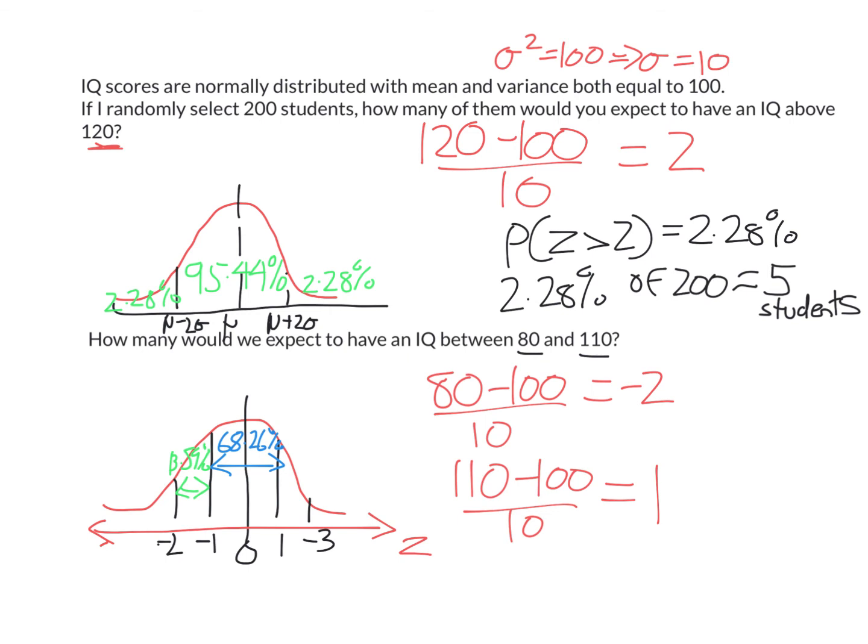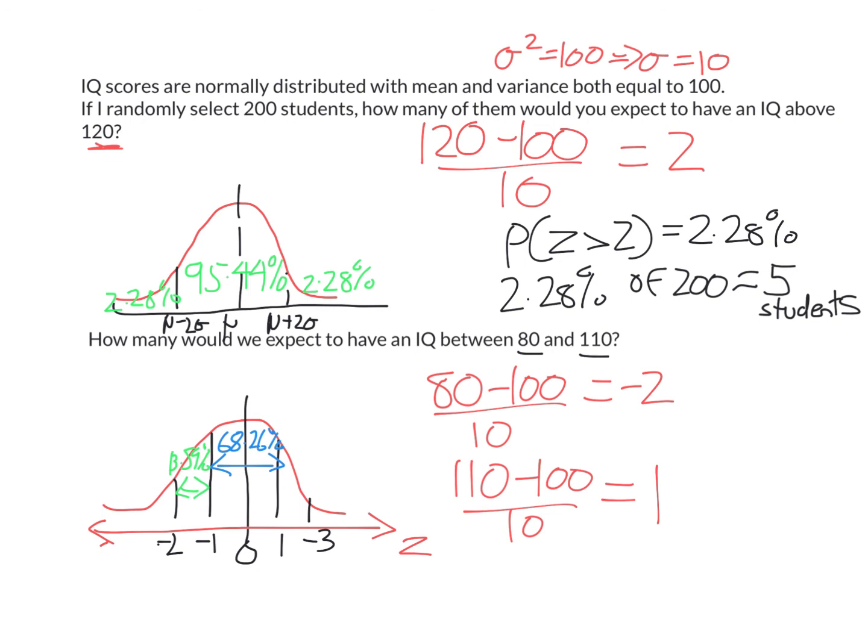From the diagram on the first slide, the one that's in the question sheets, we know there's 13.59% of scores between -2 and -1, and 68.26% of scores are always between -1 and 1 standard deviation from the mean. That works for any normal distribution.